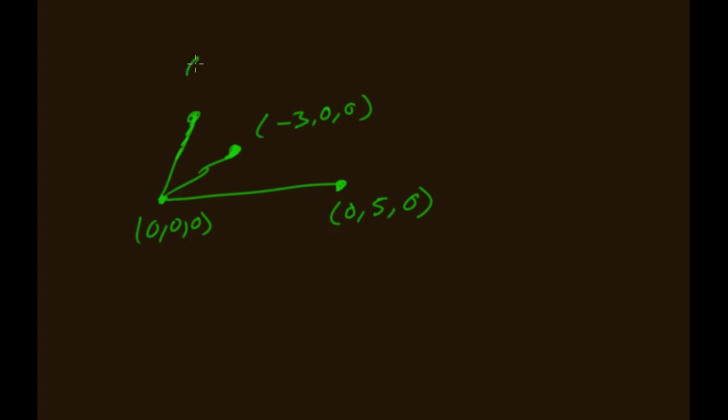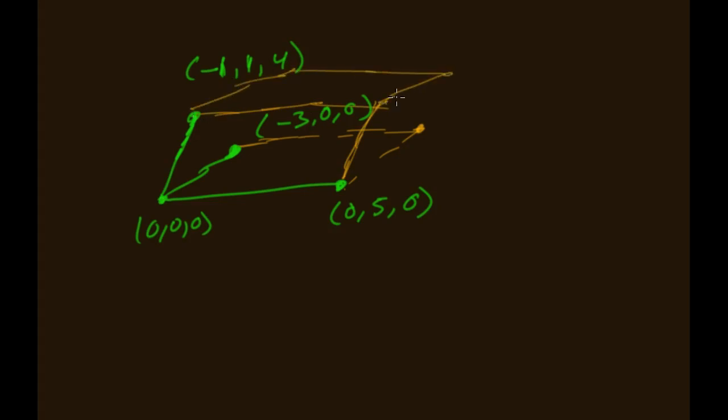And I am now at, let's say, negative 1, 1, 4. So now I have used a bunch of points, and if you think about this in the right way, you have now determined the base, the front, the top, and the back of a parallelepiped.